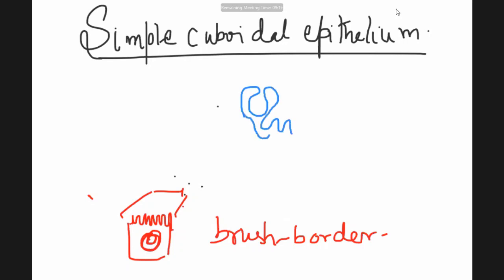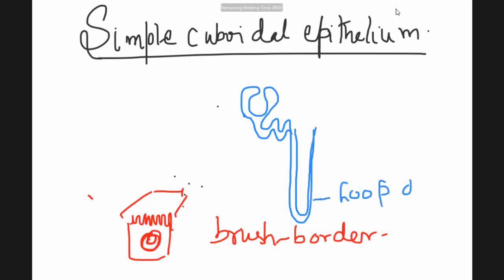Any idea about this coiled part? Proximal convoluted tubule. This is the loop of Henle, the U-shaped structure.